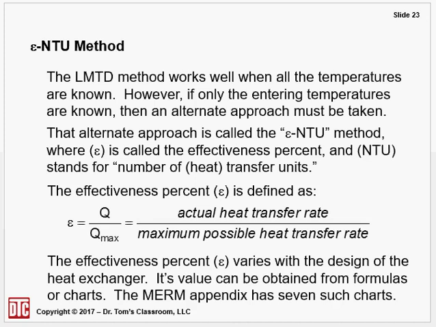The textbook had several tables of formulas, and I've used one of them in one of the places here, but I've tried to use problems that use the charts in the MERM. Again, those are different charts than the ones we had for the LMTD correction, but they're similar kinds of things that you have to do.